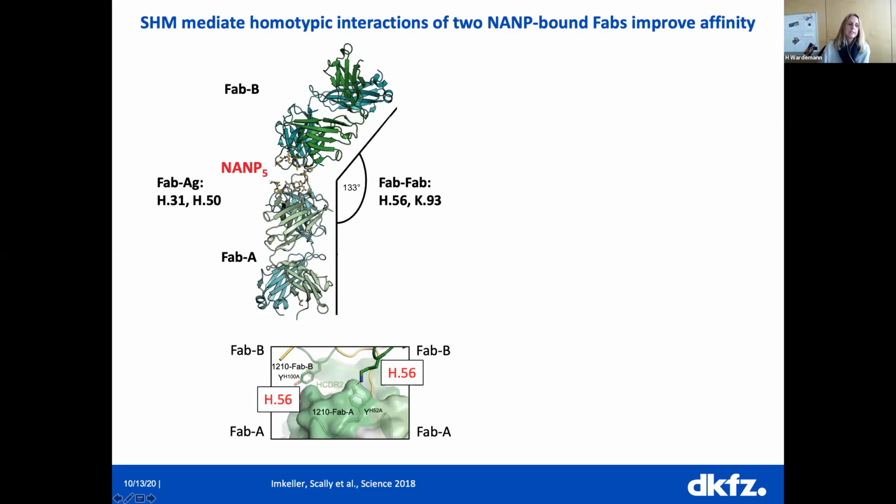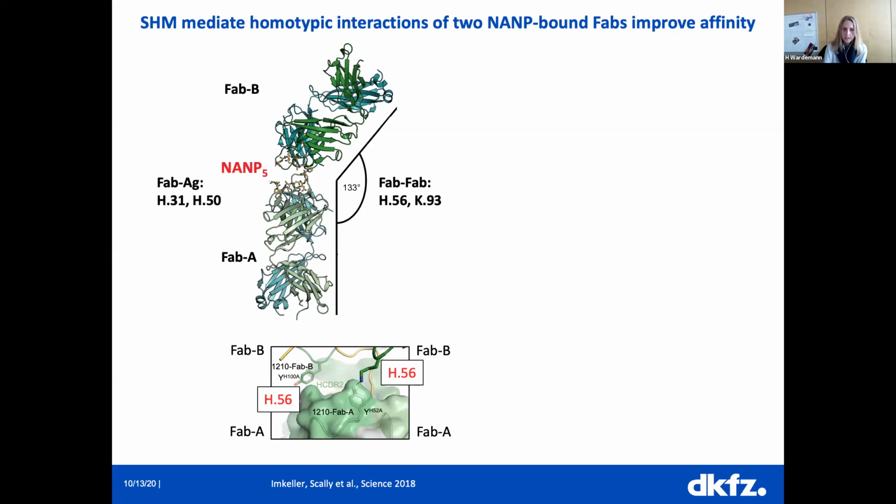And what Steve observed is indeed these 2 residues, H31, H50, mediated direct contacts with the peptide, whereas the other 2 mutations mediated interactions between the 2 Fab molecules. And so this was the question, would this improve antigen binding?